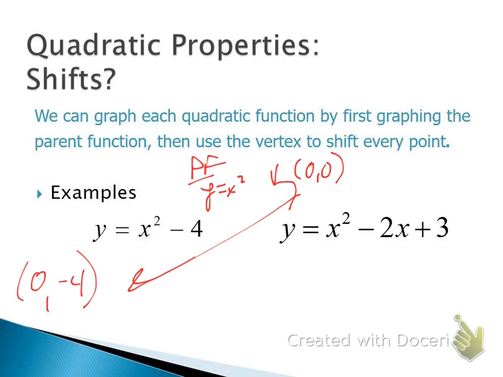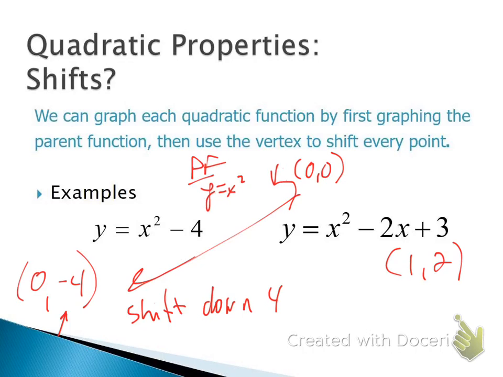So in other words, since the y coordinate here is -4, and the y axis moves up or down, since the y coordinate is negative, that means that we're going to take the parent function and shift it down. We're going to shift it down 4 spots. So not only will we shift the vertex, but we'll shift every point on the parent function down 4 spots. Here, the vertex is 1, 2.